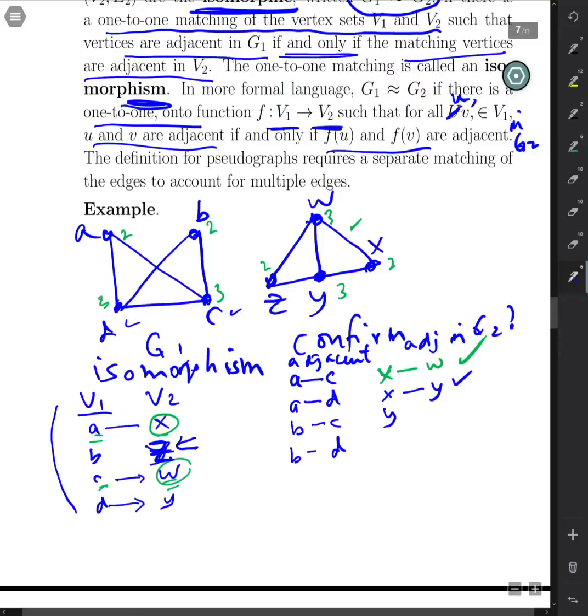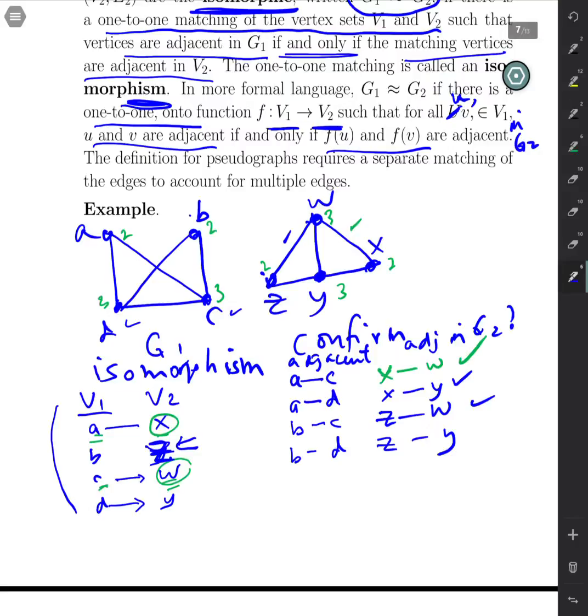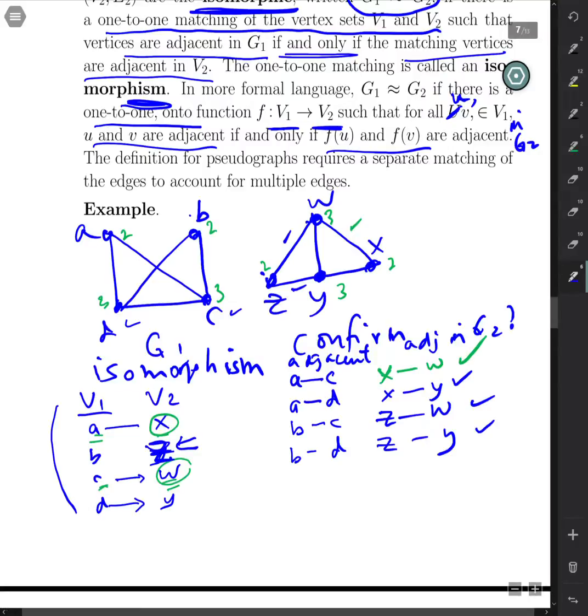We chose A and B to match up with a degree 2 one, so X and Z. So B matches up to Z. And C we already saw was matching up to W. So Z and W, yep, Z and W are connected right there. B matches up to D would be Z and Y. And Z and Y connected? Yeah, Z and Y are connected.